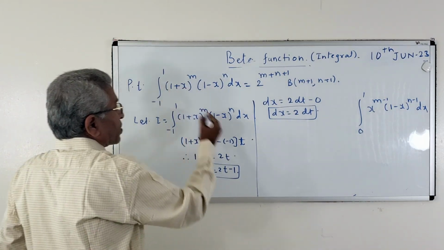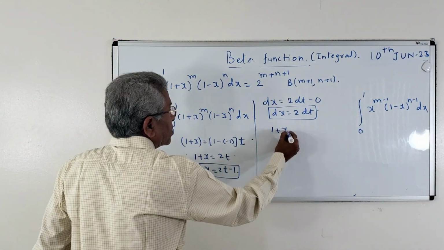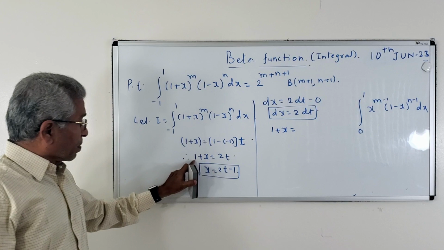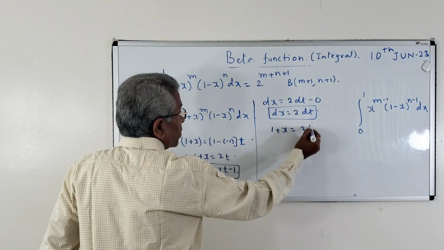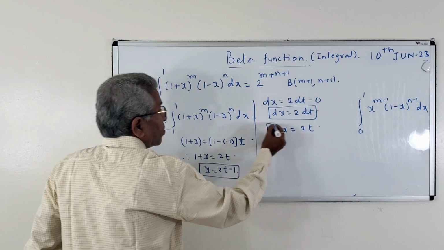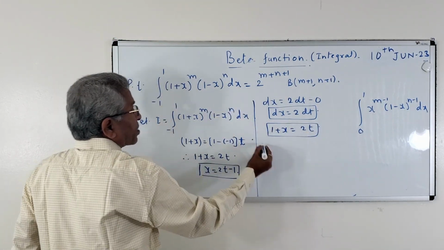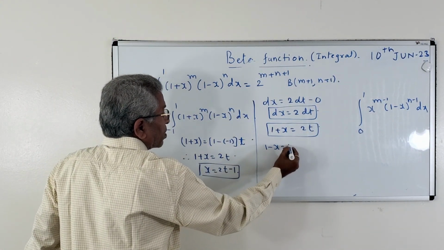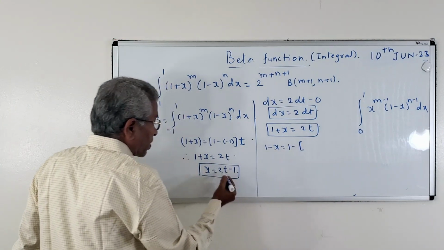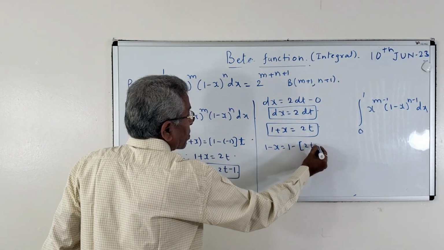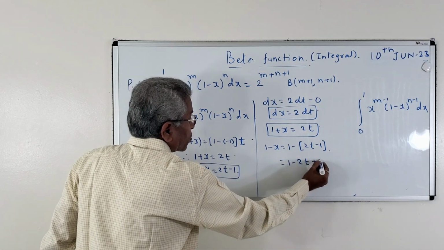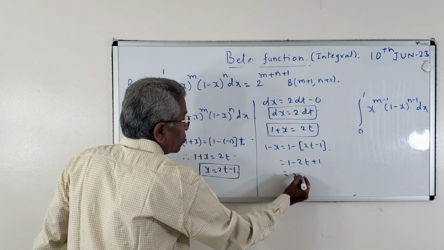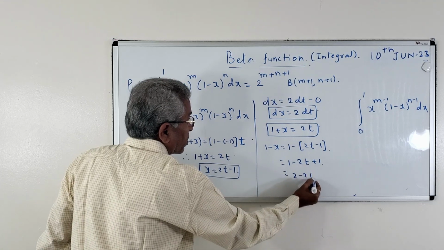Then 1 plus x. Already we have the value of 1 plus x in the substitution. This is 1 plus x equals 2t. Then find the value of 1 minus x. 1 minus x is equal to 1 minus the value of x, which is 2t minus 1, equal to 1 minus 2t plus 1, that is 2 minus 2t.